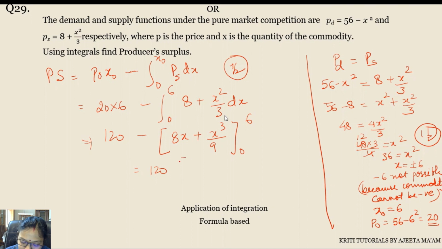So what do you have? 8 sixes are 48 and 6 cube upon 9. And if we put 0, we get simply 0. So 6 cube upon 9. Again if I divide it, 24. So 120 minus 48 plus 24.